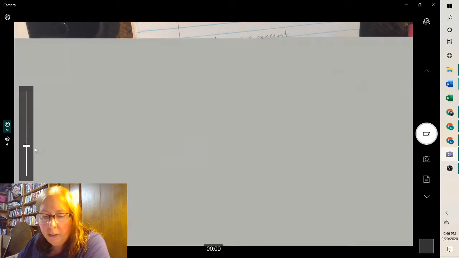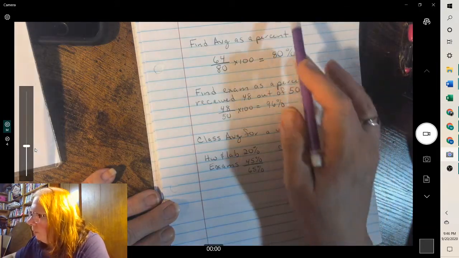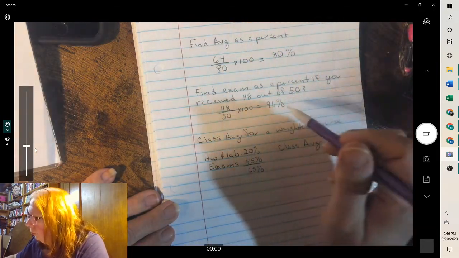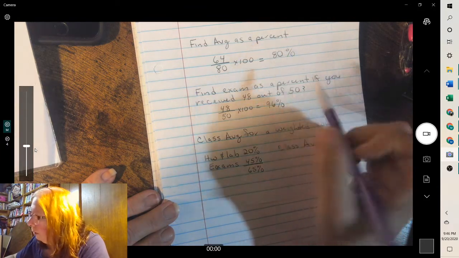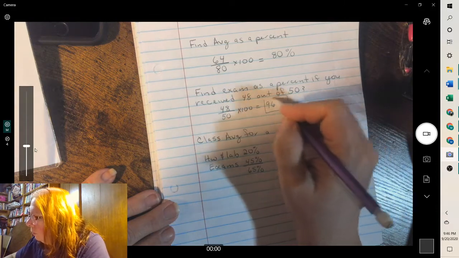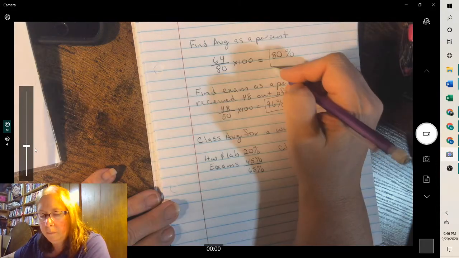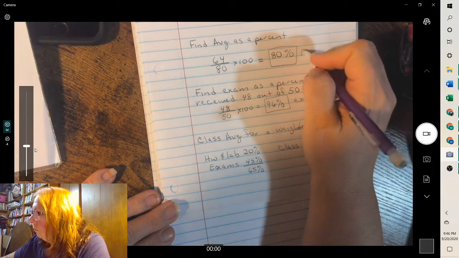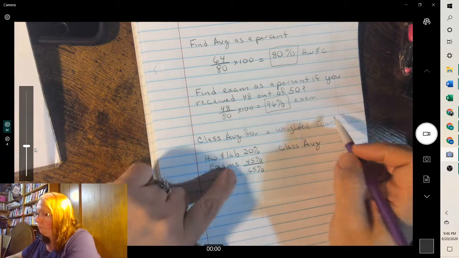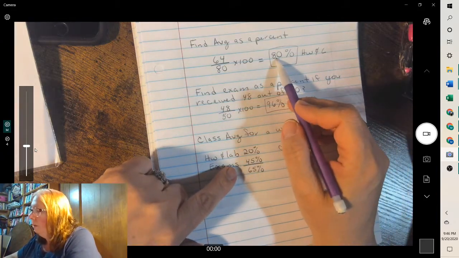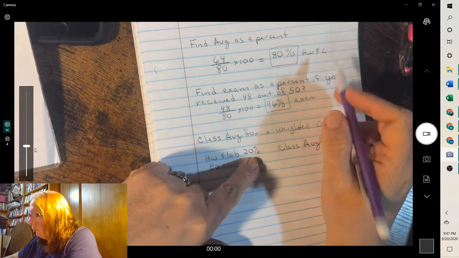To find the class average then, we're going to use the values from the test here and so this one. This was the exam. Homework and lab. So you got 80% on your homework and lab, and that's worth 20% of the course.